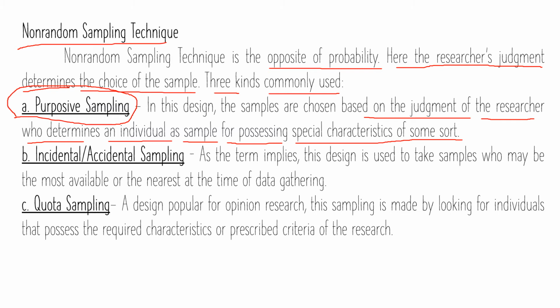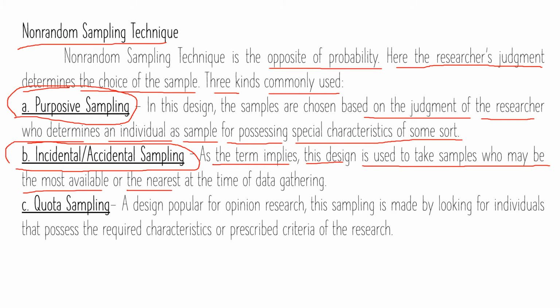Next is incidental or accidental sampling. As the term implies, this design is used to take samples who may be the most available or the nearest at the time of data gathering.